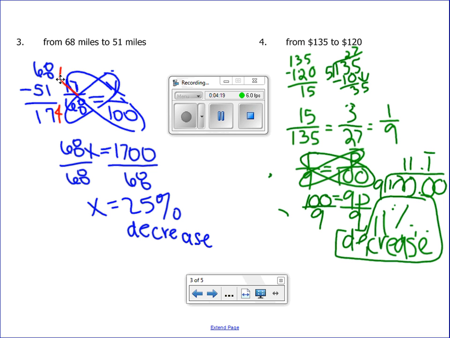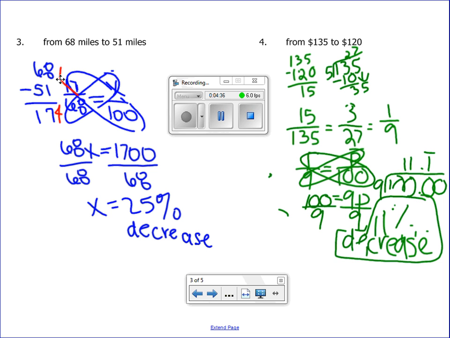In number 4, notice that we went from 135 to 120. We subtracted the two amounts. Those are our numerator, which goes over the original amount of 135. She reduced that. 1/9 is equal to a percentage over 100.